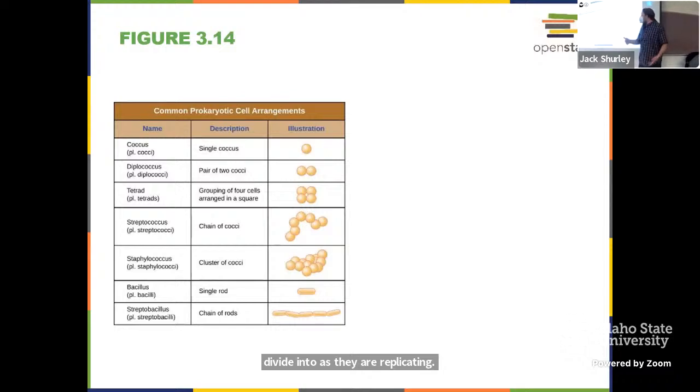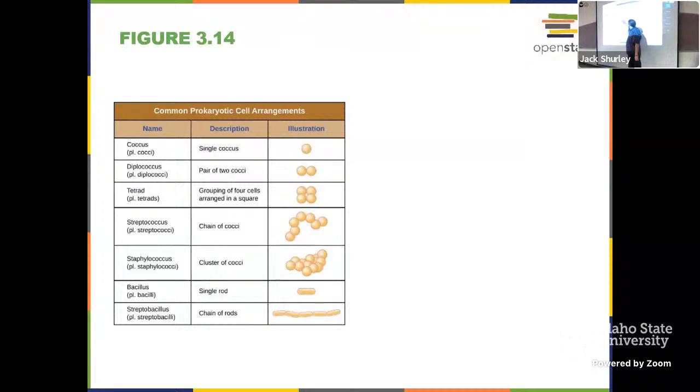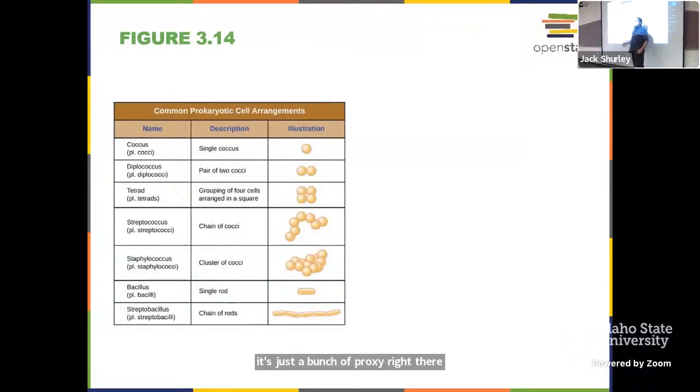So here we can see just an individual one, all right? And sometimes as you're looking at a stain, you might see some cells that are all just kind of separate, and that's really nothing that's necessarily distinguishable or characteristic. It's just a bunch of cocci, right? There are a number of bacteria that as they divide, they basically split in half.